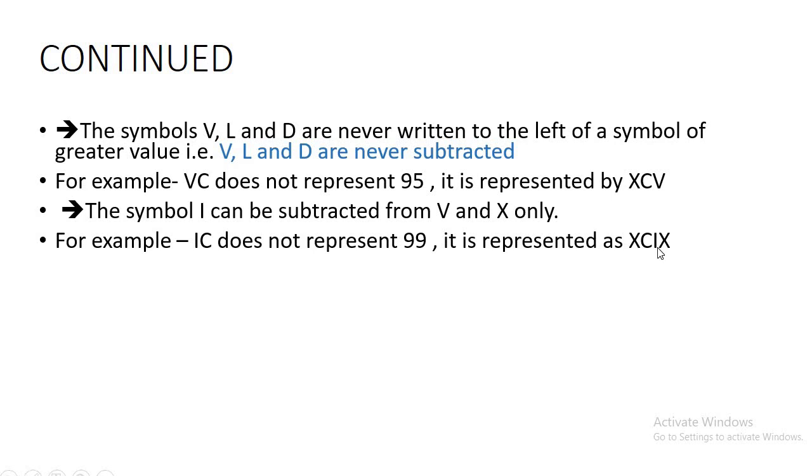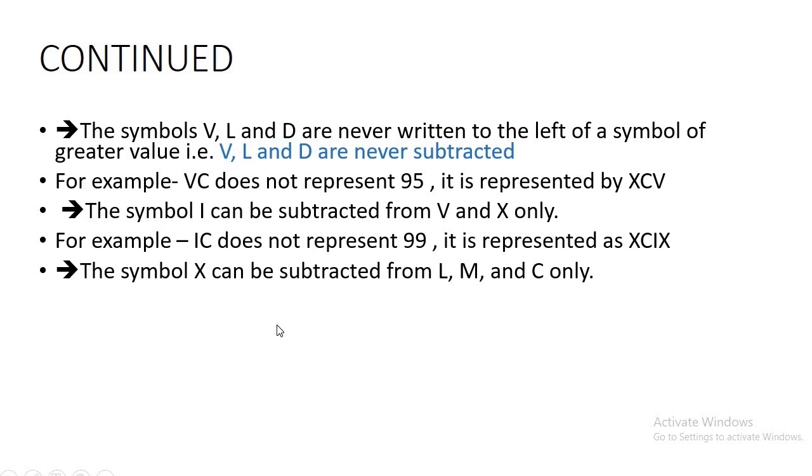I can only be present before V or X. So here 10 minus 1 gives you 9. So 90 plus 9 gives you 99. Hence 99, instead of being represented as IC, is represented as XCIX.